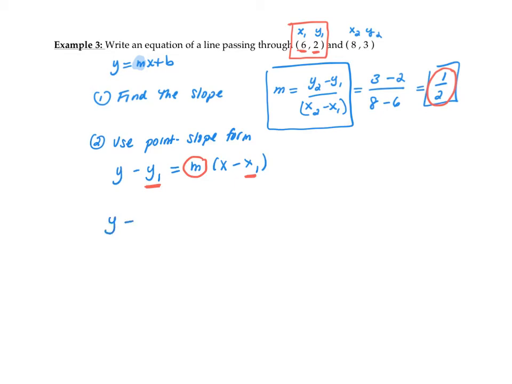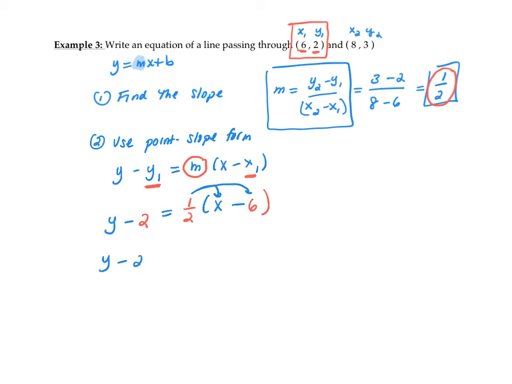I'll have y minus y1, which is 2, equals our slope of 1/2 times x minus x1, which is 6. All right, now from here on out, it's just rewriting. Okay, so we are going to distribute this 1/2 into the parentheses.